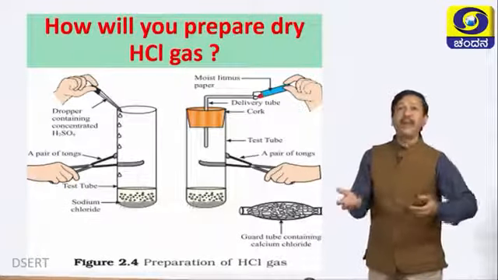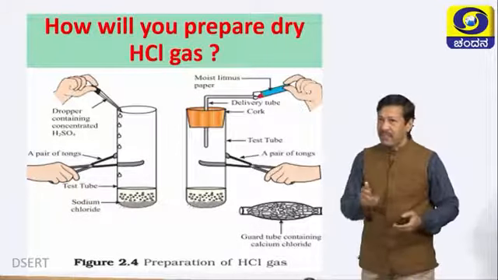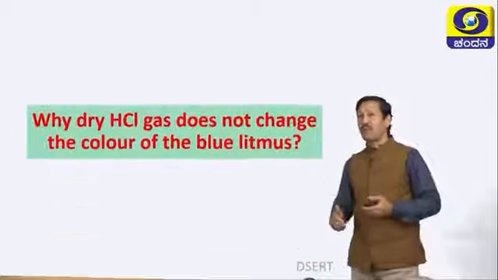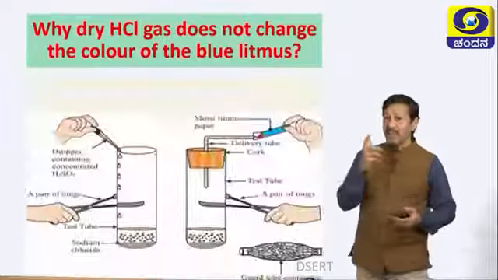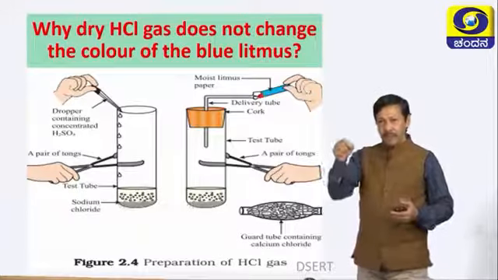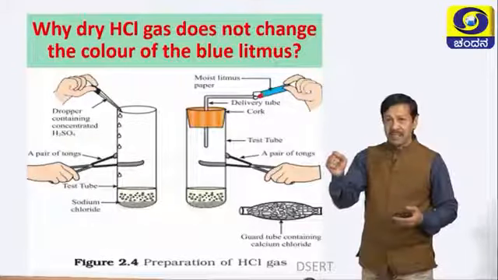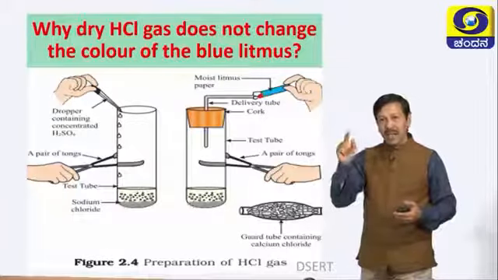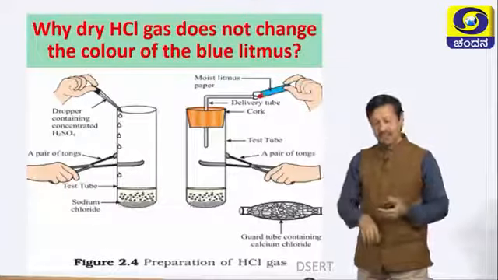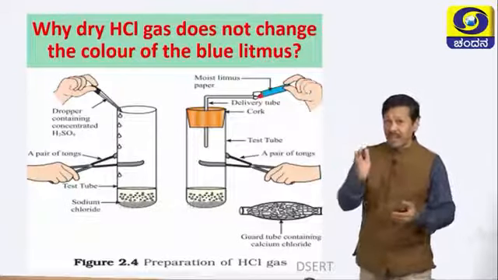How to identify whether it is dry or wet? Once again, a very simple activity. Same thing, one more slide where you are seeing how to identify. Bring a dry blue litmus paper to HCl. If the HCl is dry, then there is no change in the color. Now, you confirmed HCl is dry.